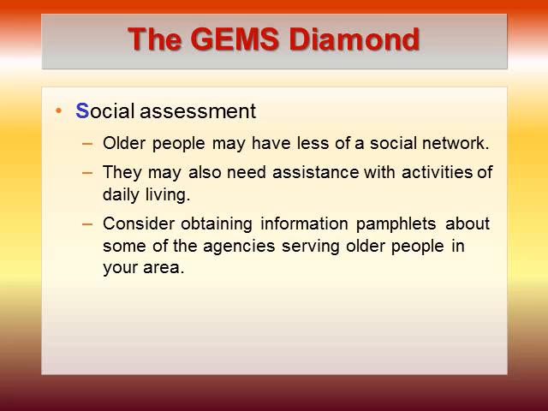Consider also, in treating people who are of the elderly age group, pamphlets for agencies that you know of that can help them, particularly with food and work around the house.